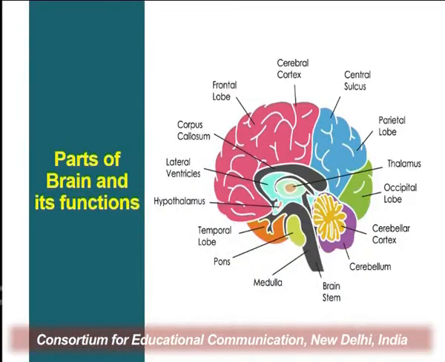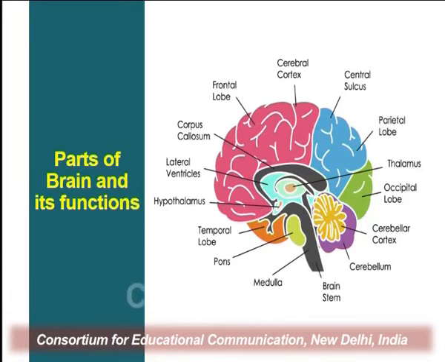Getting into more detail, we can understand how the parts of the brain play different functions. The central nervous system includes the brain and spinal cord. In this image of the brain you can see the different parts located.